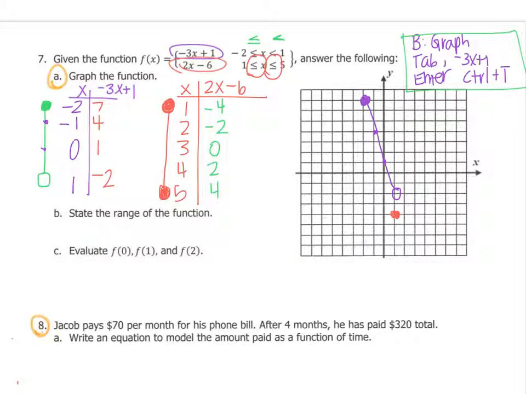Big closed circle. +2, -2. Little closed circle. +3, 0. A little closed circle. +4, +2. And +5, +4. Big closed circle. And then connect. Alright, that's it for number 7A.